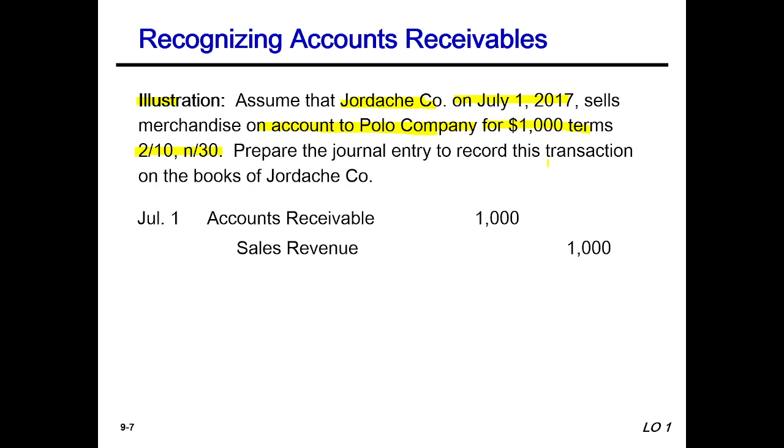Prepare the journal entry to record these transactions on the books of George's company. July 1, accounts receivable $1,000, sales revenue $1,000. This is on account, or on credit, so the journal entry will be accounts receivable debit and sales revenue credit.